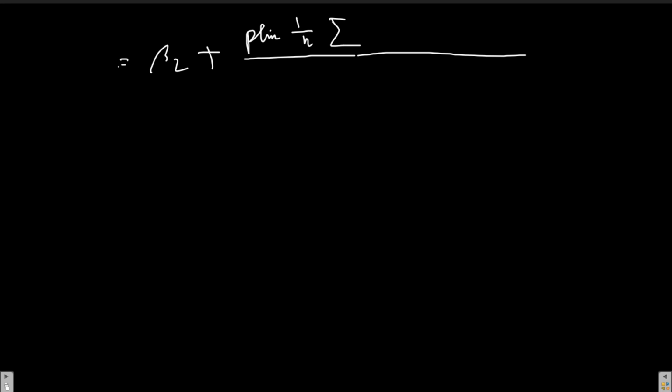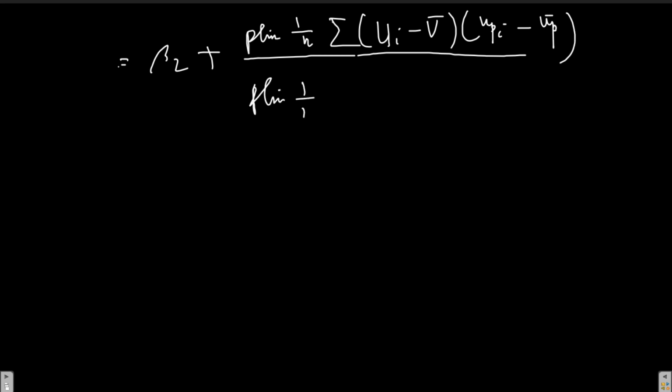Essentially, I will have capital Ui minus capital U bar into small UPi minus UP bar, and in the denominator I will have the plim of 1 by n summation of capital Ui minus U bar into Wi minus W bar, right?